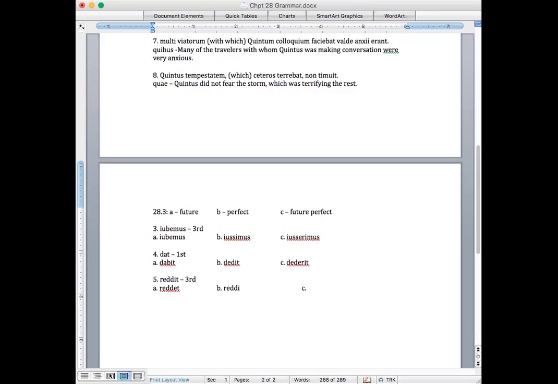Oh, should be two D's. And to make it third person singular, we're just going to add that T. And then to make it future perfect, I'm going to keep that perfect stem. So reddid, and then add erit again. Reddiderit. Ooh, that looks fun.